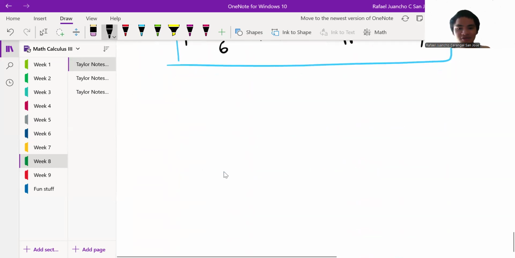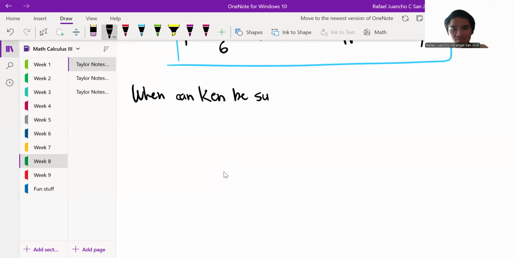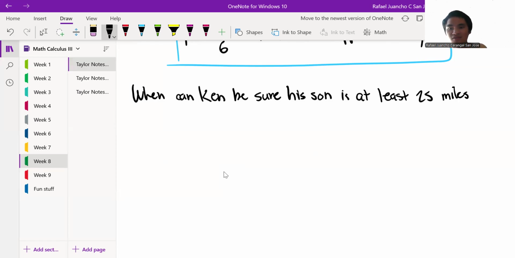Now, a more difficult question where I think we really need to apply our error bounds is: when can we be sure his son is at least 25 miles? How can we be so sure?